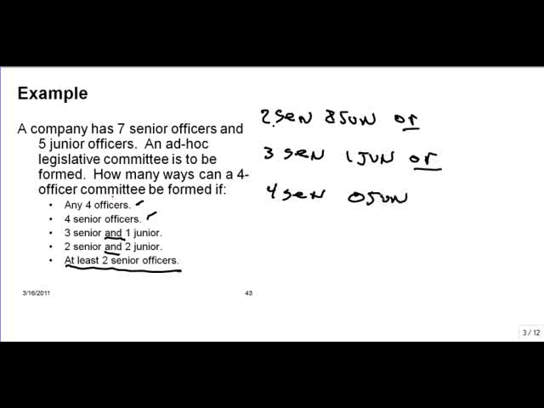So that means we can have 2 seniors and 2 juniors, or 3 seniors and 1 junior, or 4 seniors and 0 juniors. Again, the idea is everywhere you see an and, you multiply, and everywhere you see an or, we will add.